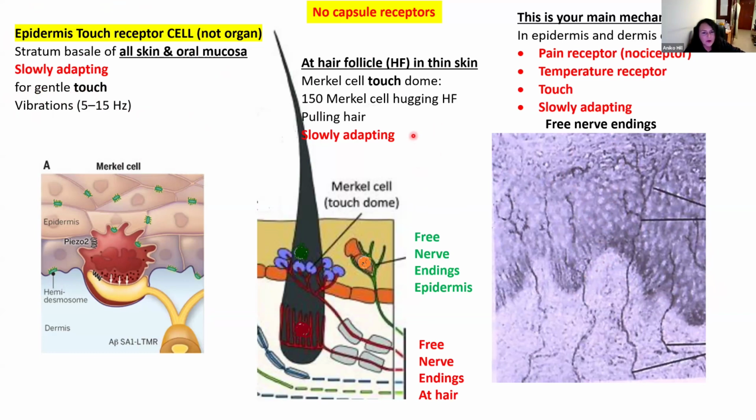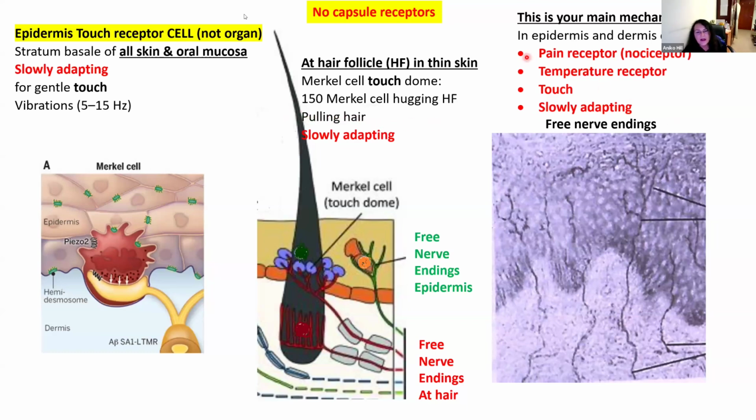Now the hair follicle, what I just described, the free nerve endings and the Merkel dome, obviously is only at the hair follicle. And because they do not have, again, capsule around them, that's why slowly adapting hair. And remember, this is the reason we can sense if somebody is pulling our hair.